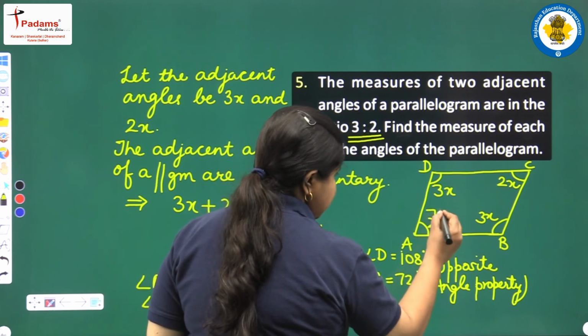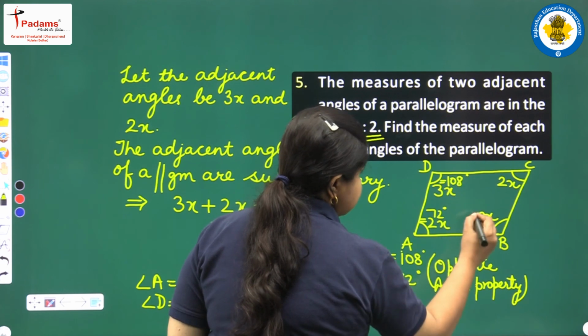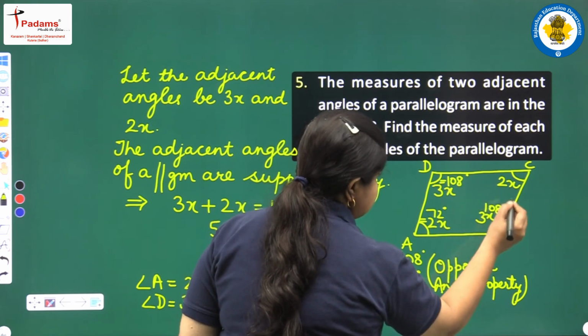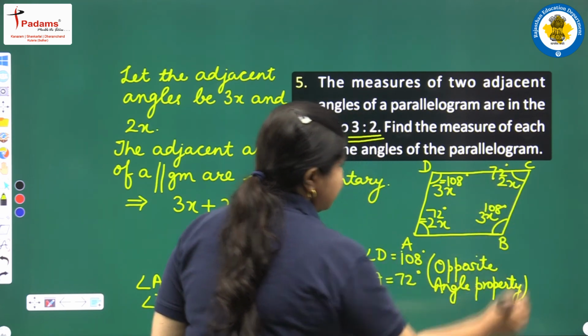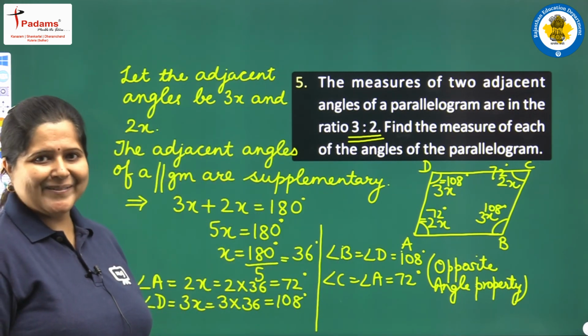So, this is 72 degree, this is again 108, this is also 108, and this is equal to 72 degree. So in this way we have found all the 4 angles of this parallelogram.